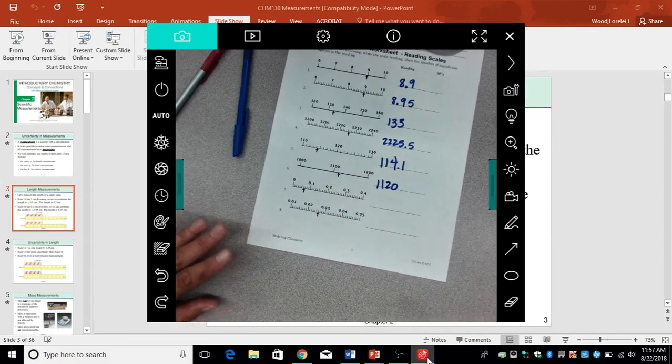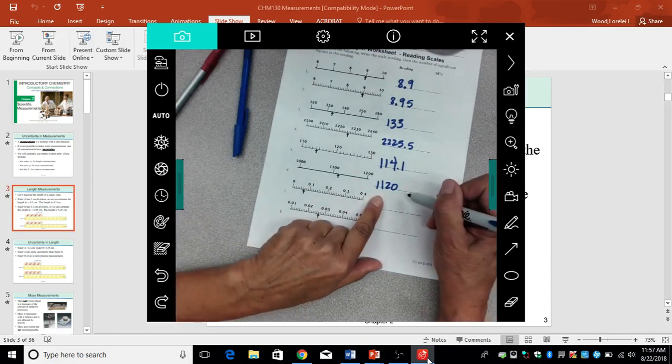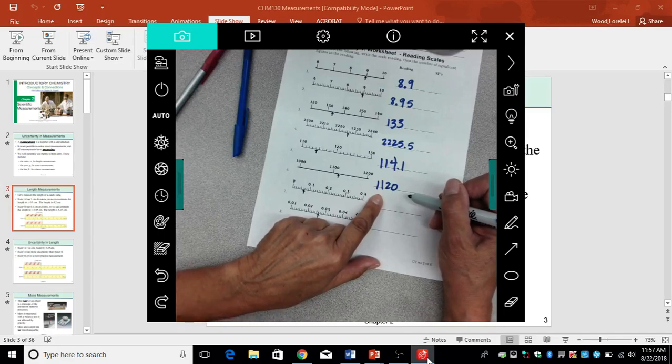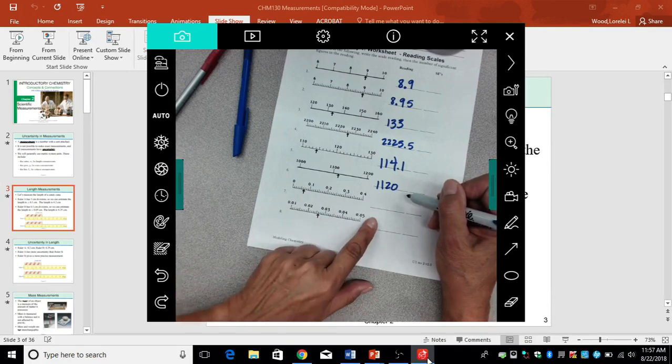Could I say 1115? No. Has to only be one digit of uncertainty. And see, this is where they get harder. And that's why I like this sheet, because it gives super good progressive examples. Let's go that one again. So the first one we could say could be 1110. It could be 1120. It could be 1130. But could it be 1125? No. All right, let's go on to the next example.